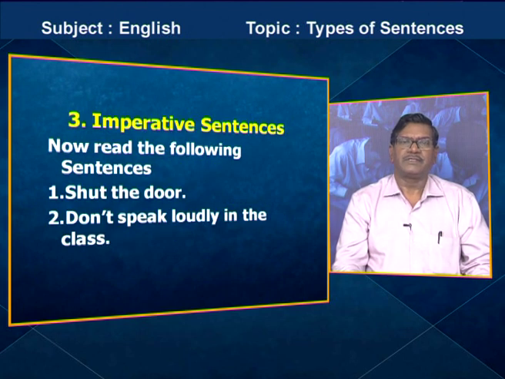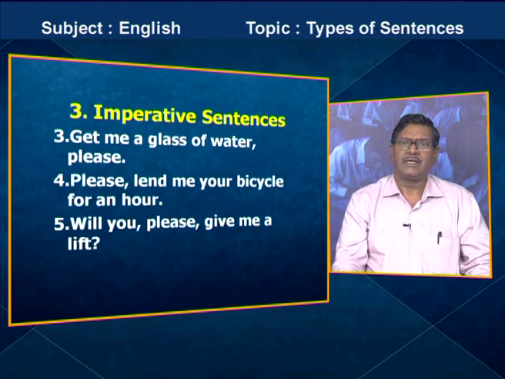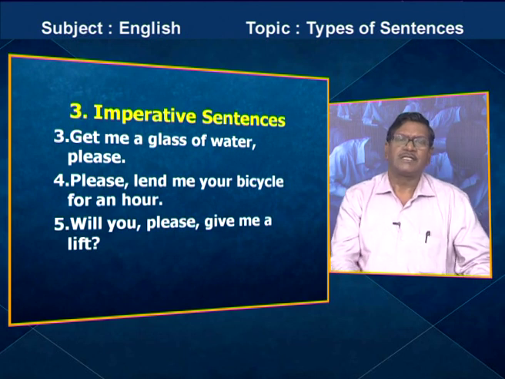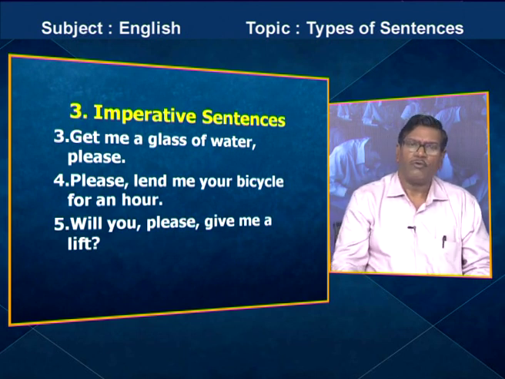Imperative sentences. Here again we have two varieties, orders and requests. Orders: shut the door, don't speak loudly in the class, get me a glass of water please. Here it is a request. Don't speak loudly in the class, it is a strong advice, although it starts with a verb.